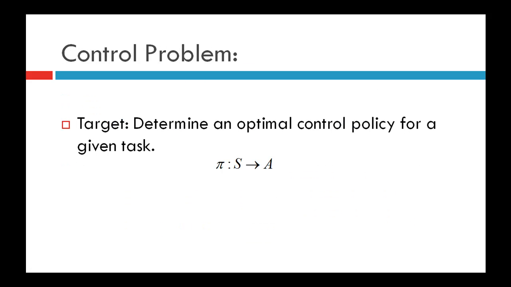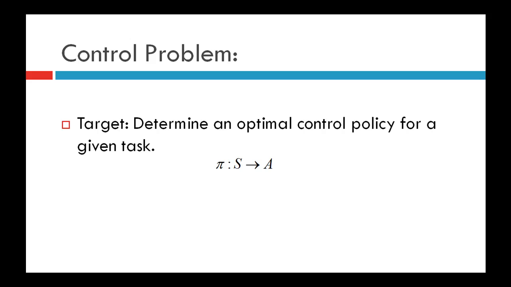A policy is a mapping from states to actions, where the policy pi gives a probability of taking a particular action a in a particular state s. If the policy is a deterministic policy, then it will assign one action to each possible state. The target of the control problem is to determine an optimal control policy for a given task.